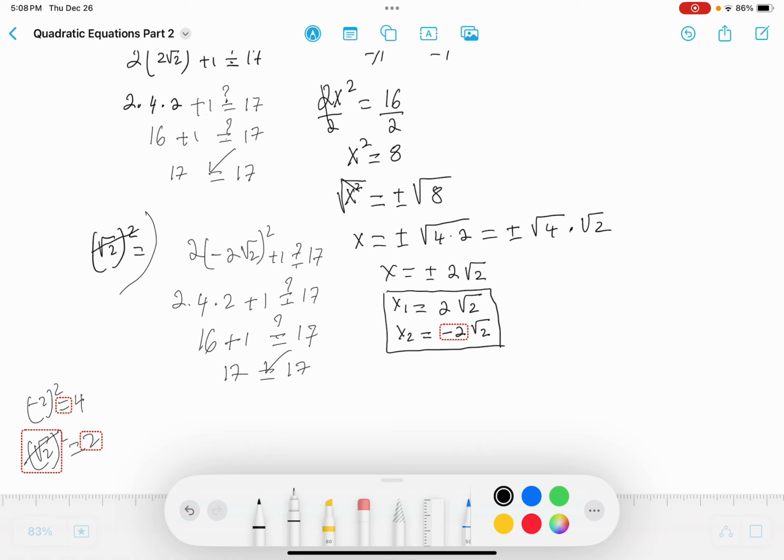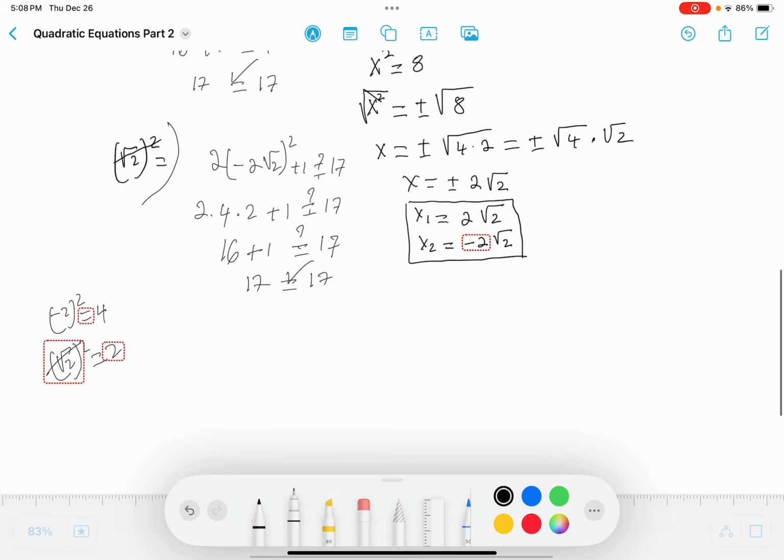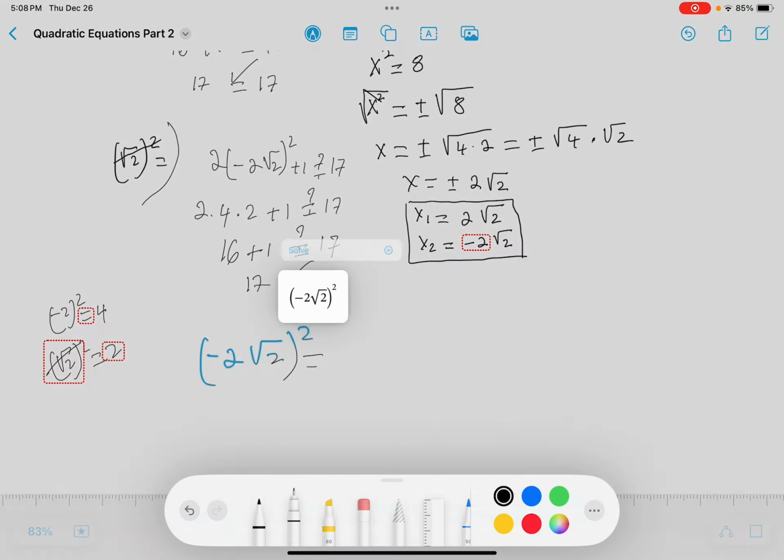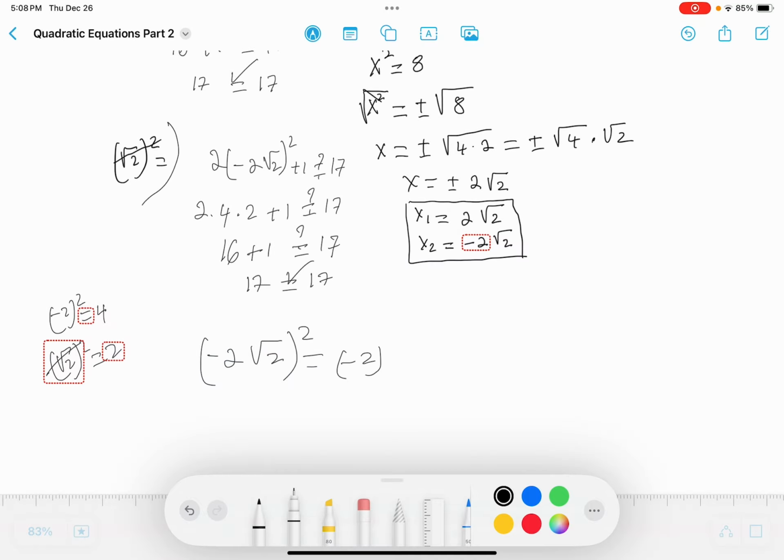So I checked. I don't know if you remember, but here I used negative 2 square root of 2, all that squared. What I did was negative 2 to the second power times the square root of 2 to the second power. It is like having m times n to the power a, for example.